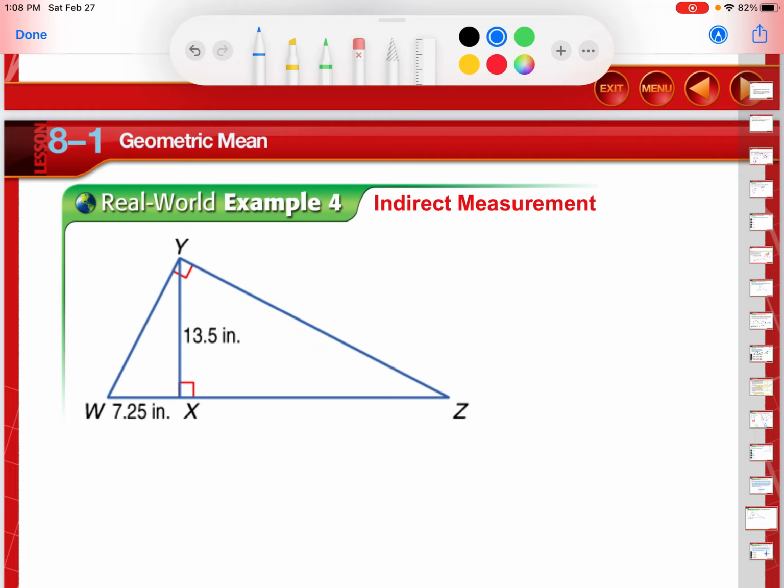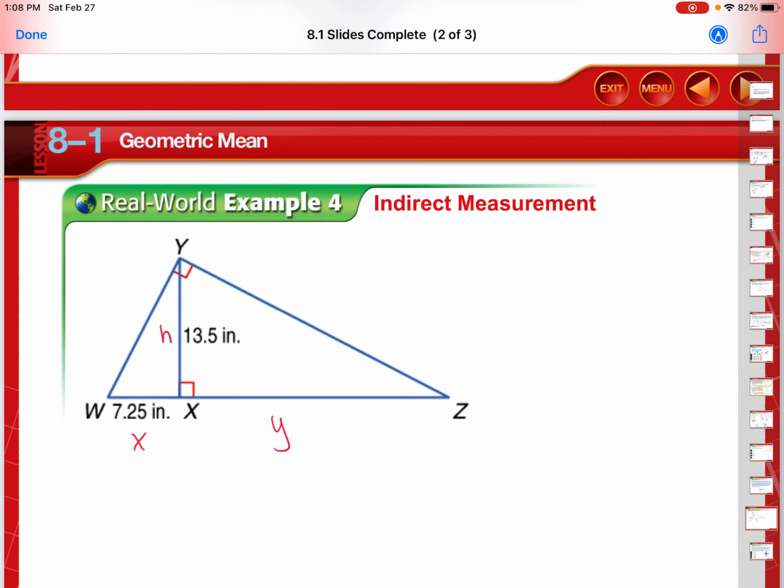So what we're going to do is use theorem 8.3 in order to solve it. Oh no, I'm sorry, we're going to use theorem 8.2 actually. So theorem 8.2, we had the triangle that was labeled like this, x, y, h, and we could write a proportion that was x over h equals h over y.